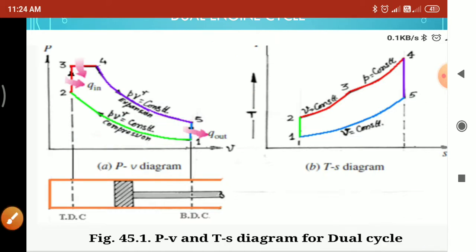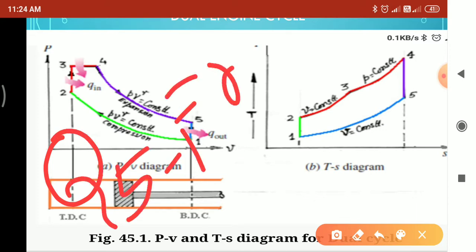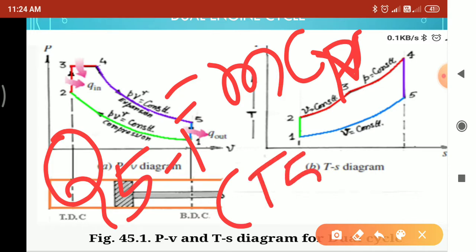So the equation becomes Q5-1 equals m Cv, at constant volume, times (T5 minus T1). This is the equation for heat rejection, because heat is rejected from the system to the surroundings.